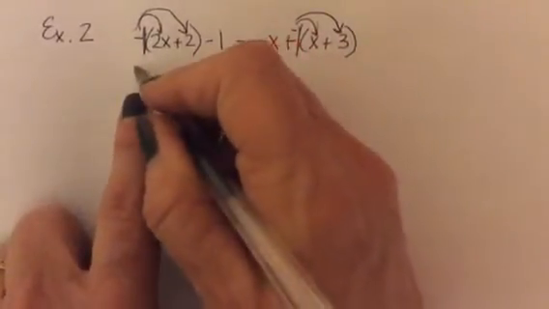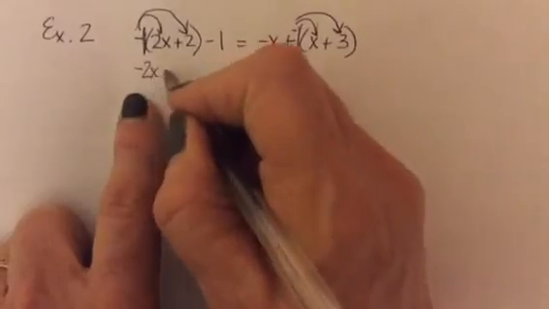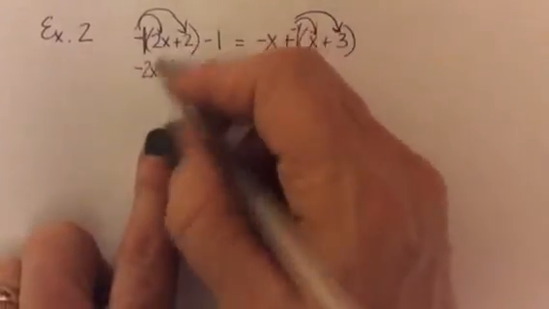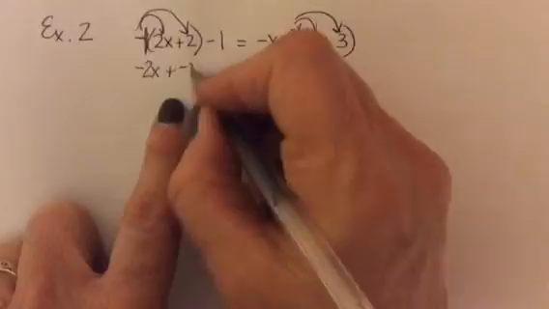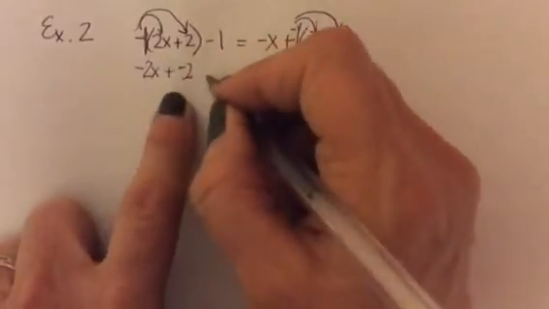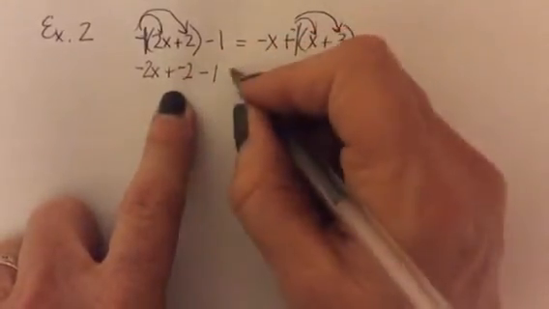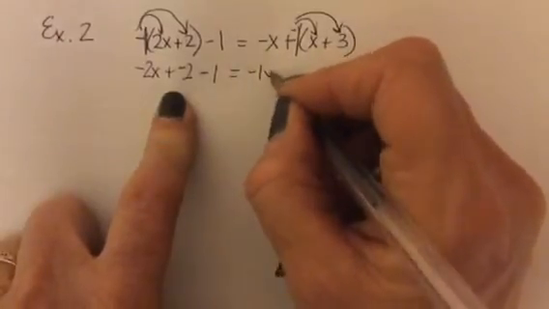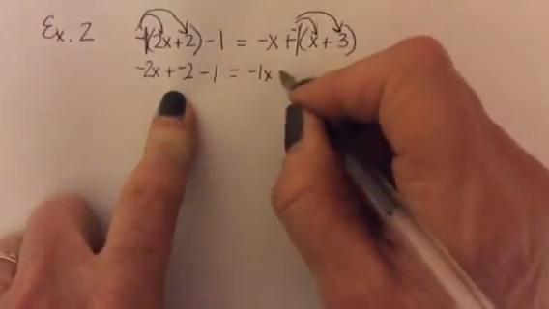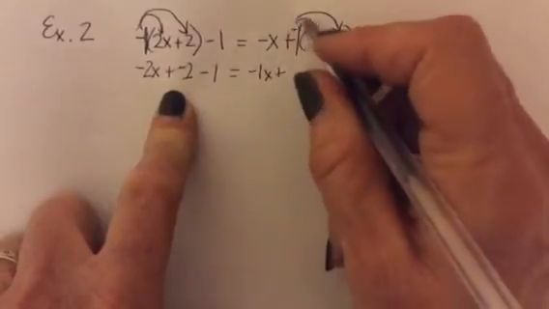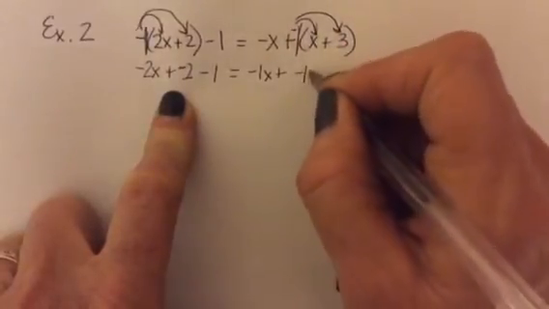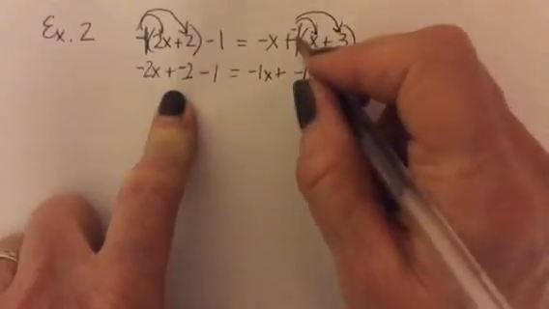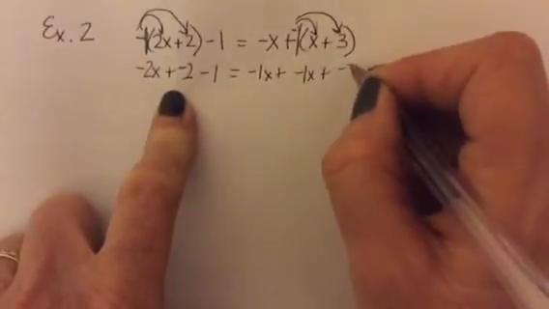So negative 1 times 2x is negative 2x, plus negative 1 times 2 is negative 2. So we've got the opposite of both of those. Now we have that minus 1 there. And then on this side we have negative, and I'm just going to call that negative 1x, because there's only one of them there. Plus, now I'm going to do negative 1 times x, which is another negative 1x, plus negative 1 times 3, which is negative 3.